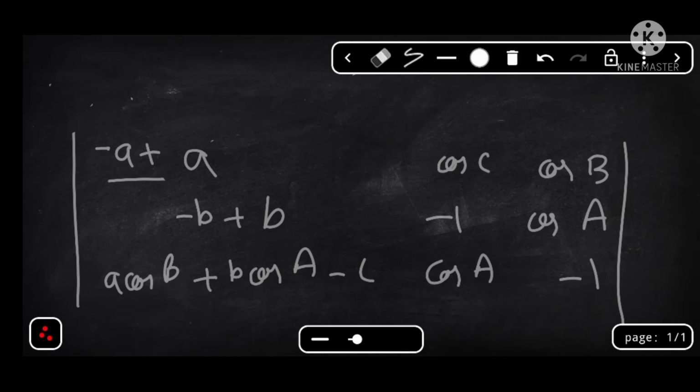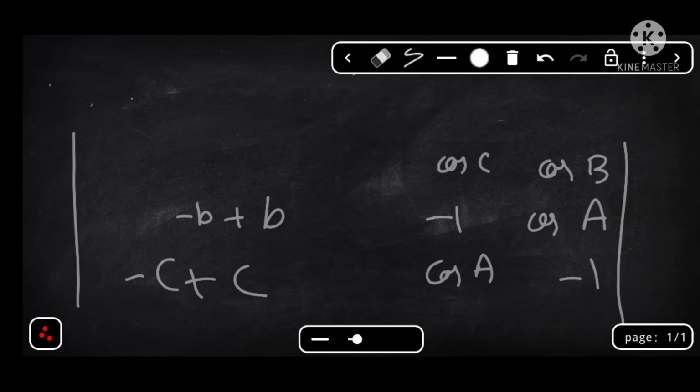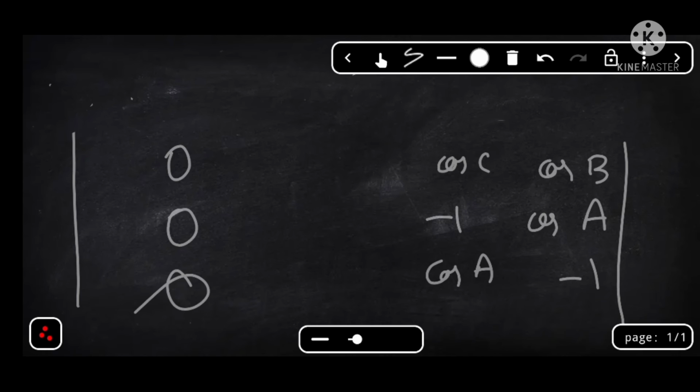So all these by the rule of projection, we can replace it like that. Clear? So we'll get minus A plus A, minus B plus B, and minus C plus C. We know all these terms are going to be 0, right? 0, 0, 0.